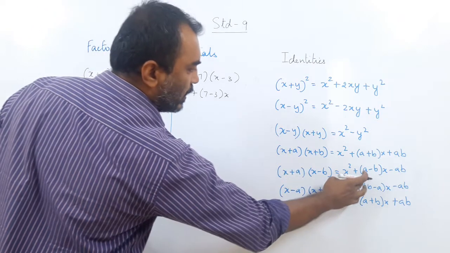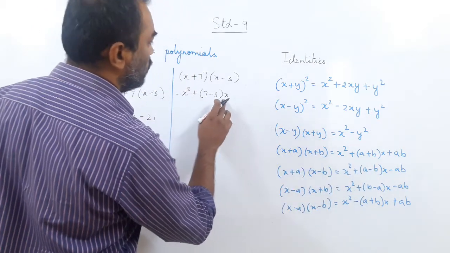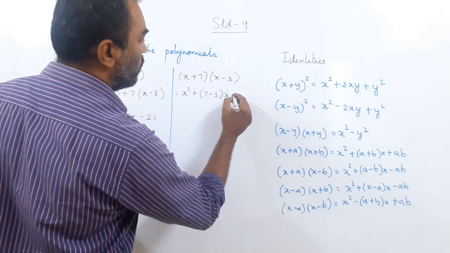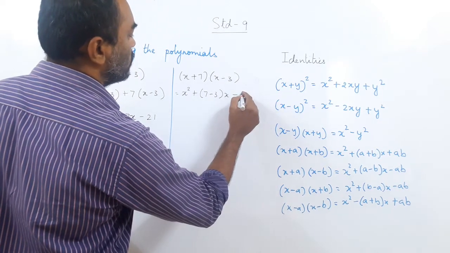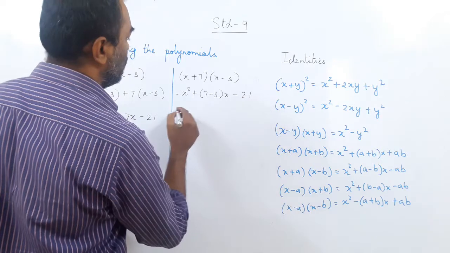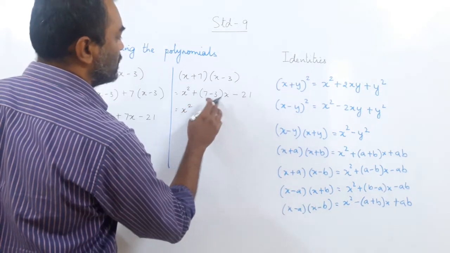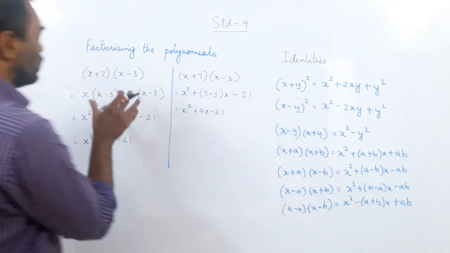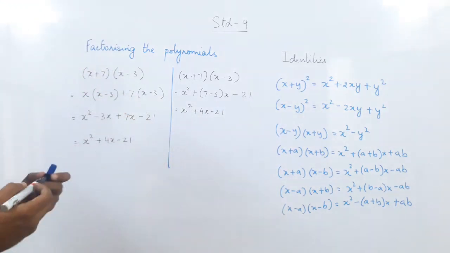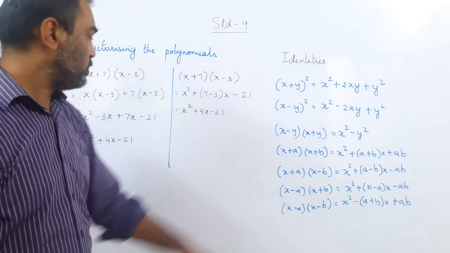Can you see? a minus b, a is 7, b is 3, into x. And minus, because one is a minus, 7 into 3, so 21. So you get x square, 7 minus 3 is 4, so 4x minus 21. This was the usual method. This is using the identity.